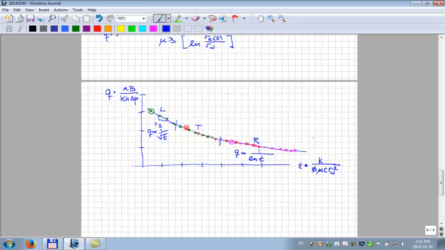So if each one of us takes our data and adds this constant onto it, then all of those data will fall on the same trend, the same shape curve. And this is called q_D, dimensionless rate, and this is our same dimensionless time. Okay?